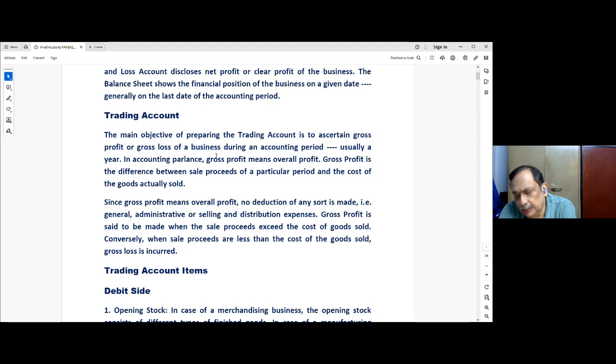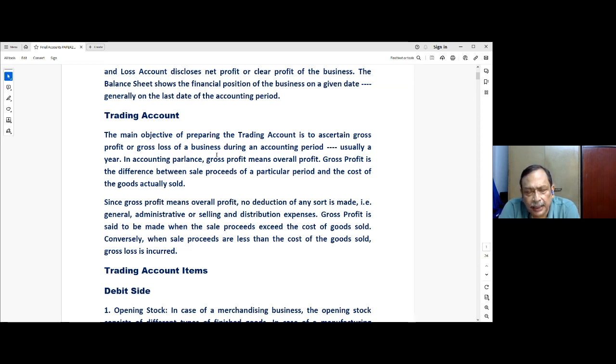In accounting parlance, gross profit means overall profit. To be specific, gross profit is the difference between sale proceeds of a particular period and the cost of the goods actually sold. Since gross profit means overall profit, no deduction of any sort is made, that is, general, administrative, or selling and distribution expenses.